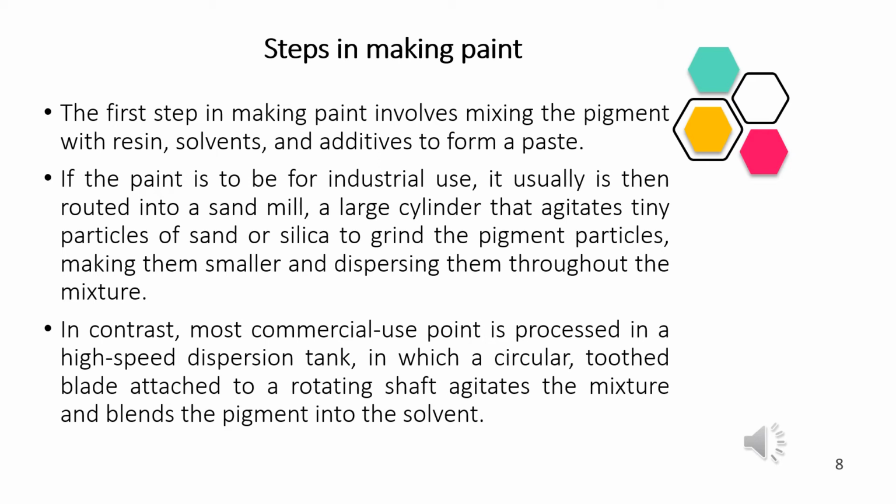So, to make the paint commercially, a high-speed dispersion tank is used. This tank is used for the dispersion and circulation of the material. In this tank, a tooth plate is attached to the rotating shaft. The purpose of this tooth plate is to shake the mixture.